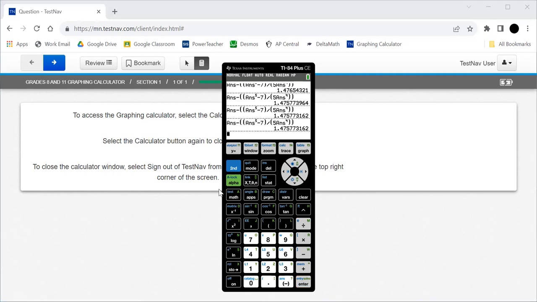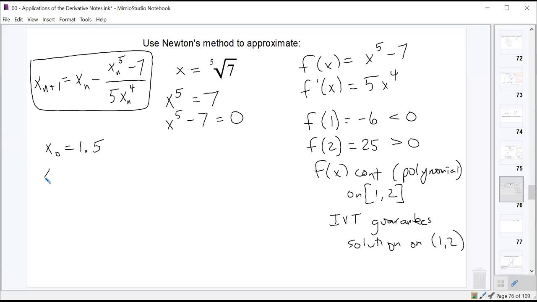We'll go back in. We'll write out those values. That x naught was 1.5. X sub 1 was 1.4765431. X sub 2 was 1.47573964.